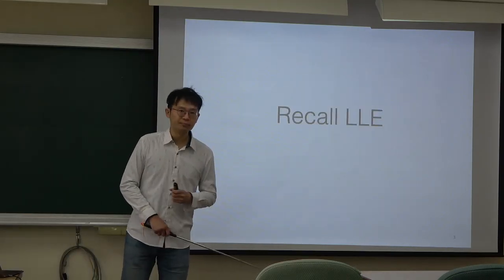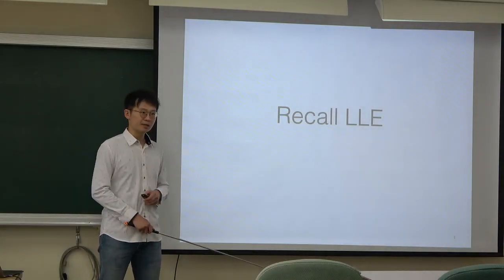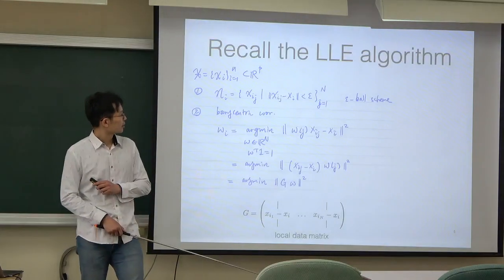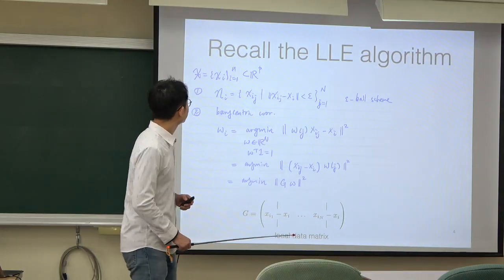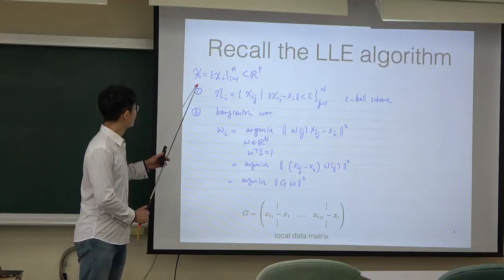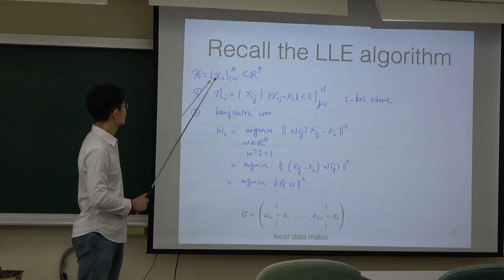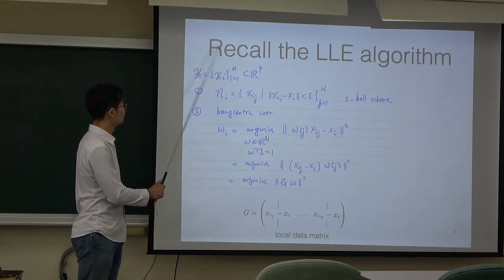So first, let's recall the locally linear embedding algorithm. What is the locally linear embedding algorithm? First, you have a set of points in a p-dimensional space. Let's call them x1 up to xn.